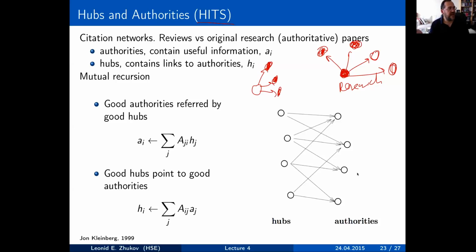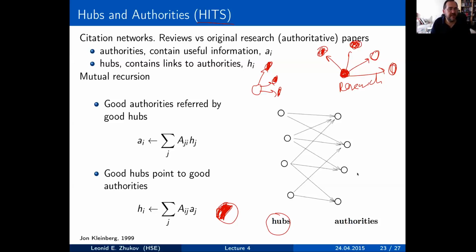And so that's where Kleinberg got the idea. He said, okay, it's clear that every paper has two sides. One side is that it acts as the original paper, and so it has some authority to it. And the other side, it acts a little bit as a review paper, and in this sense, he called it a hub, as a sort of connector.